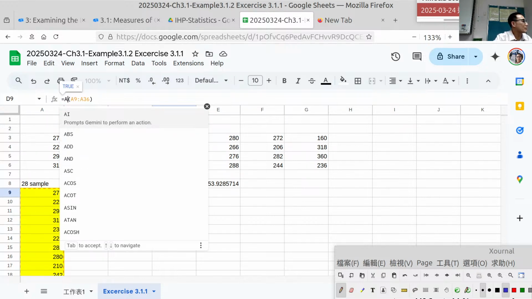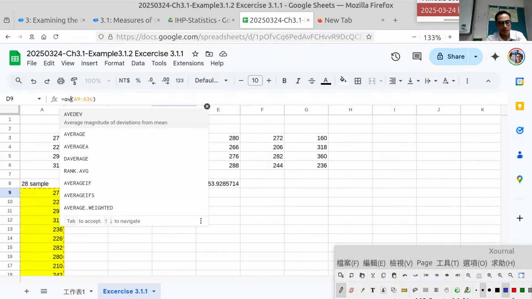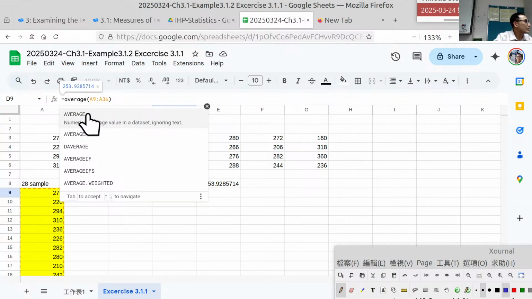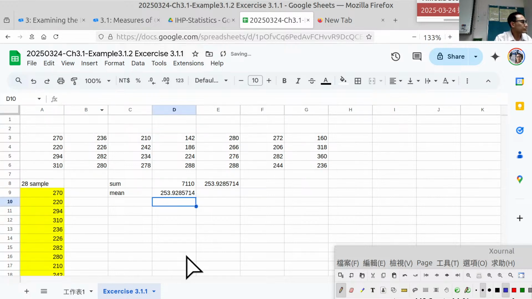So I'm sorry. Average. That should be this. Sorry, I used the wrong function. The average, and select the range, and we got this. Or we can calculate the sum and divide it by the total number, that's 28, and got this one.